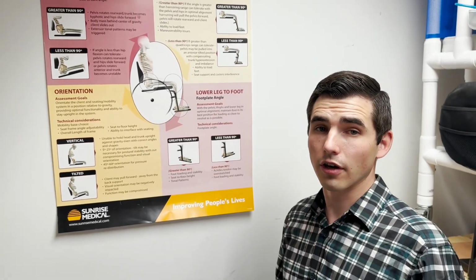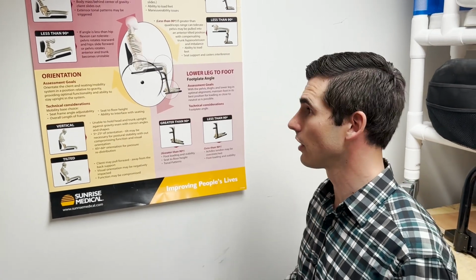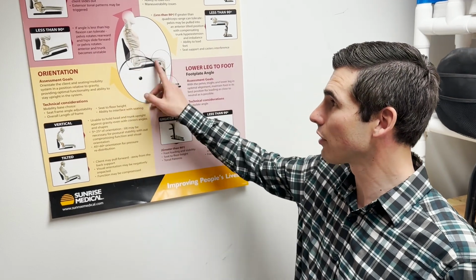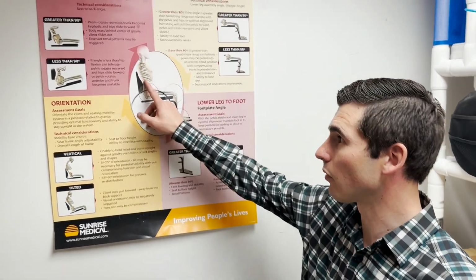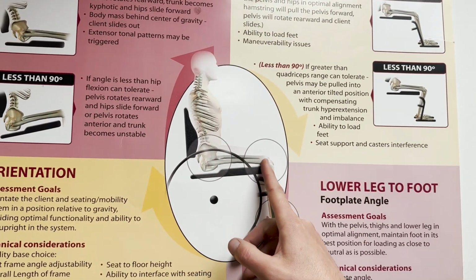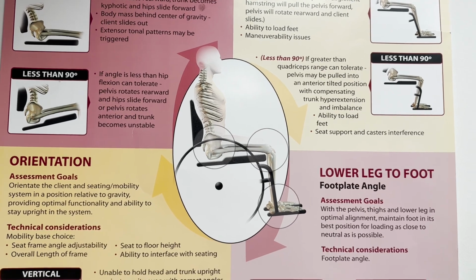All right, on the last chart, we were talking about measurements and getting that correct. This chart is talking about angles. The angles of the hip, the knee, and the ankles. The golden standard rule is we want 90, 90, 90 for each one of these. This is going to help with circulation.